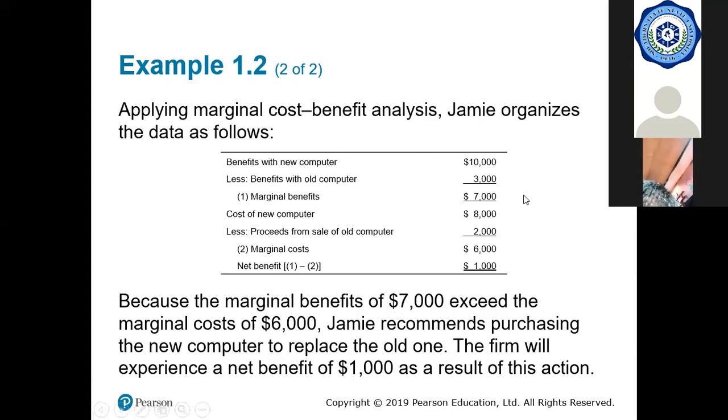But most of us are really good at it, especially for board exams or whatever exams we are going to take. Oh, we are hustlers in analyzing marginal cost benefit analysis. But the question is, are we applying it in our workplace?